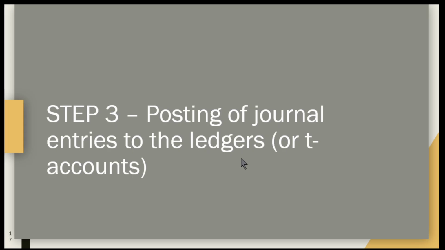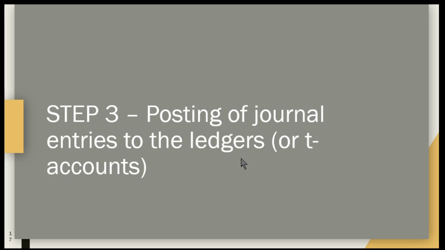It summarizes from the journals to the ledgers or T accounts. It combines the common accounts that are written in the journals. For example, if you keep on debiting cash, all of the cash that are debited are also combined into one T account.